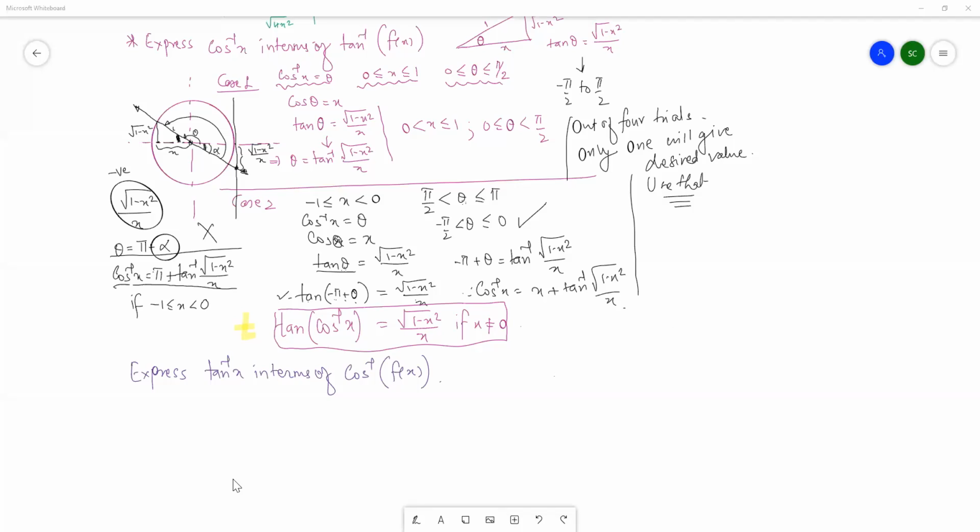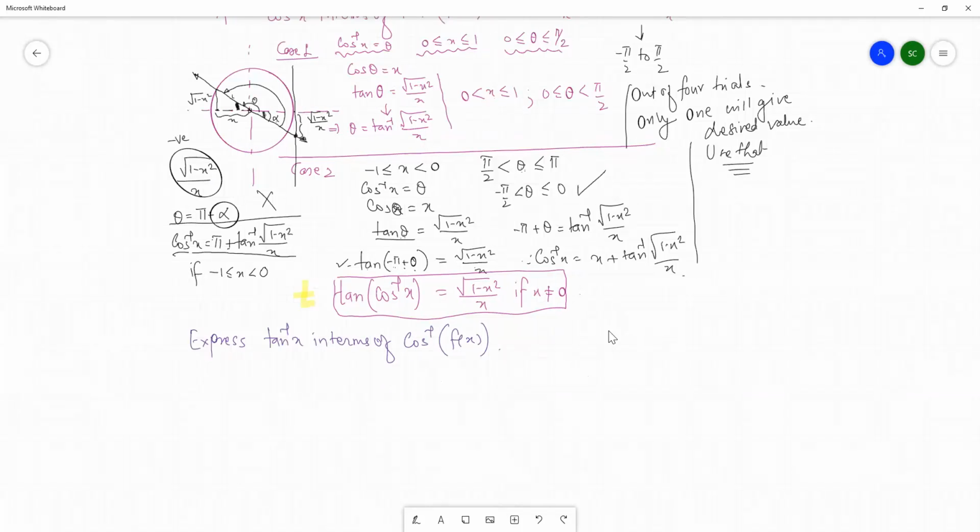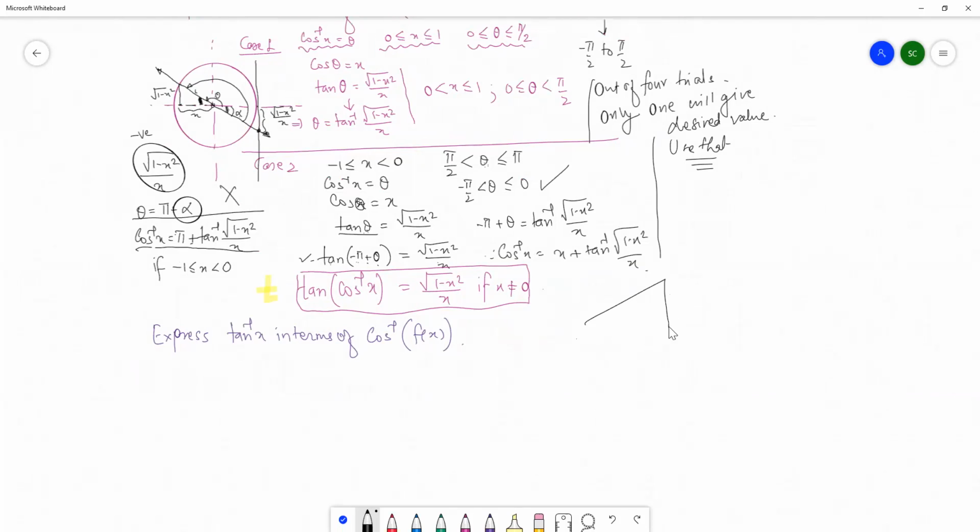Okay, the answers are: you are expressing tan inverse x in terms of cos inverse. Therefore, the main function is going to be theta, with tan theta equal to x, so the hypotenuse is radical 1 plus x square, and cos theta is going to be 1 upon radical 1 plus x square. Okay, so this is your main function.